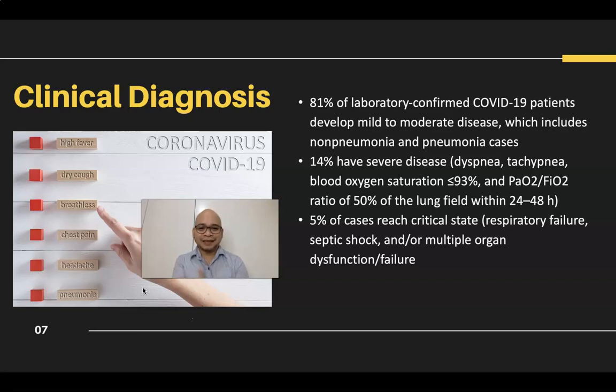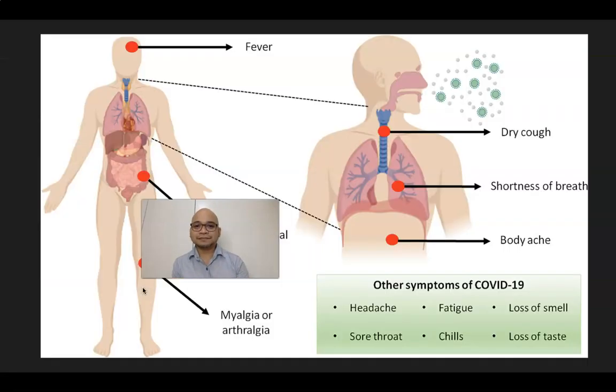This one is rather dangerous because here there would be respiratory failure and septic shock because of an infection, a co-infection that has reached the bloodstream, and or multiple organ dysfunction or failure. So this particular critical state most likely will result in death.